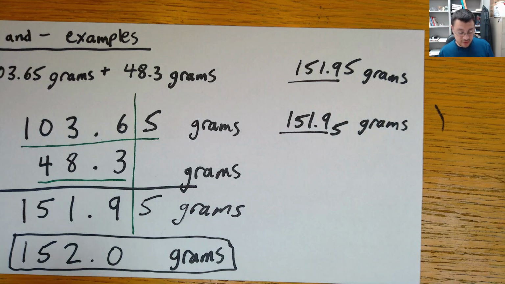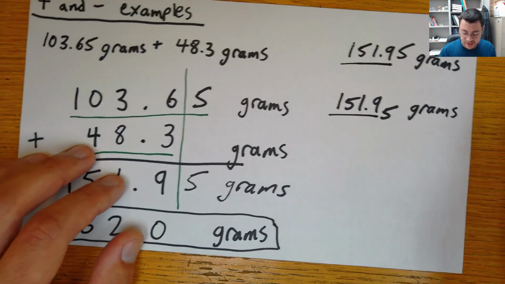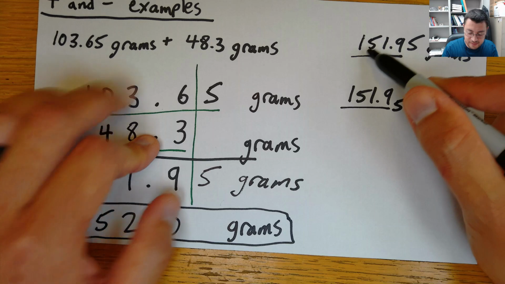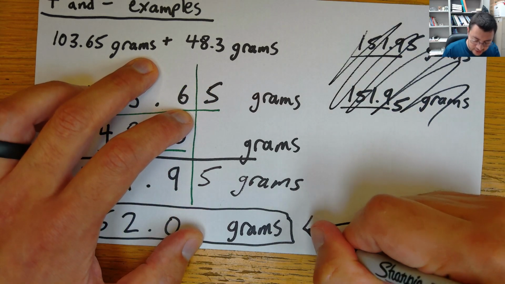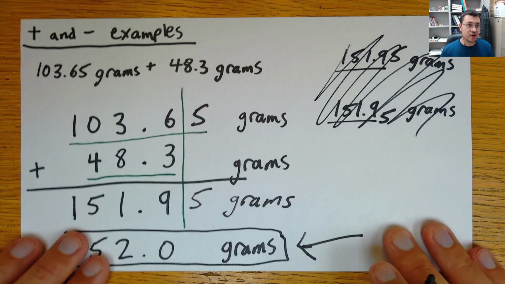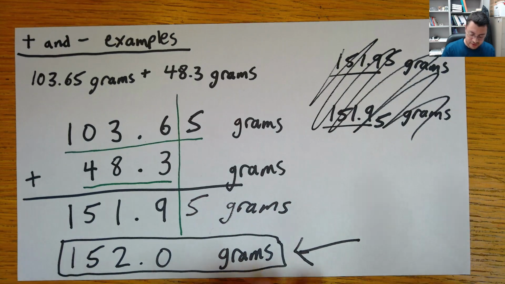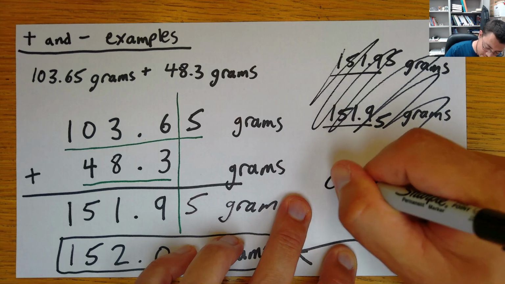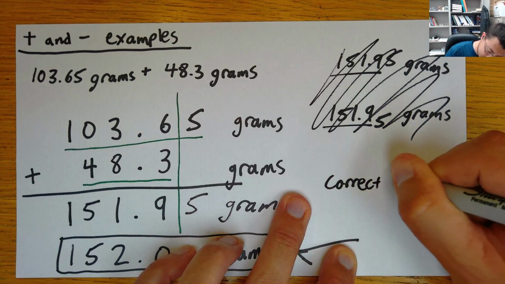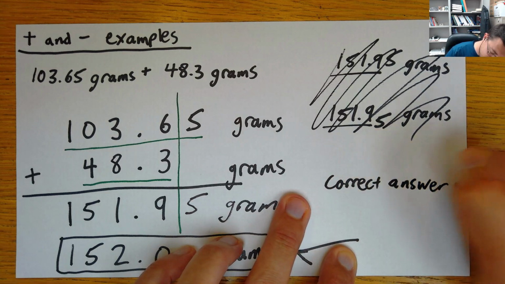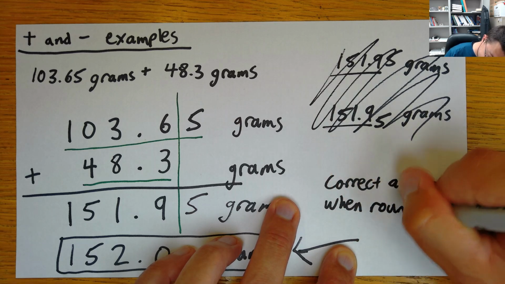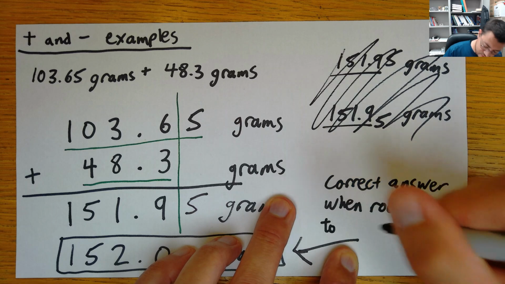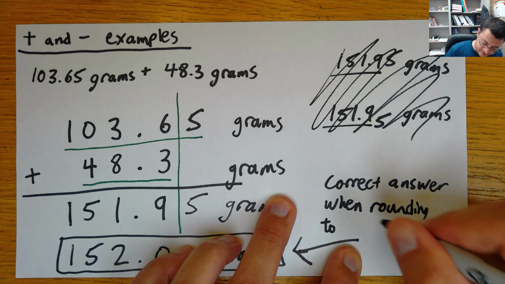Going forward, for the purposes of this video, I'm not going to be worrying too much about this, and I'm just going to go for rounding the answer to the correct number of sig figs. All right, so I'll just write that out. Correct answer when rounding to correct number of sig figs.